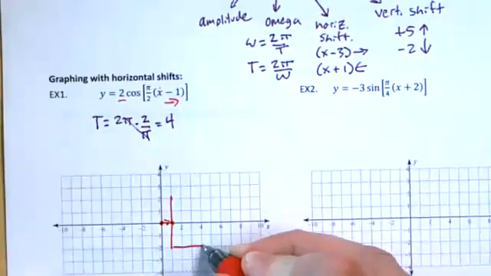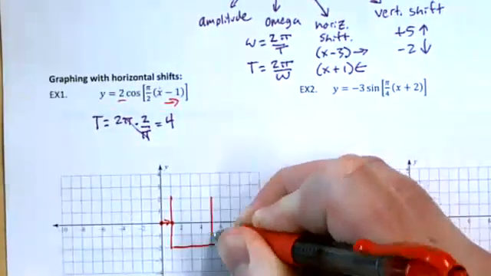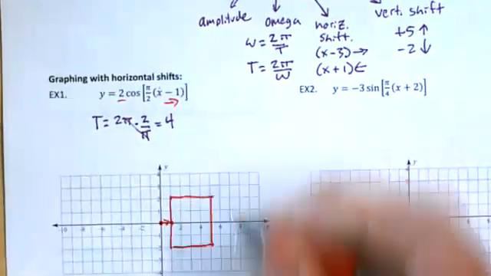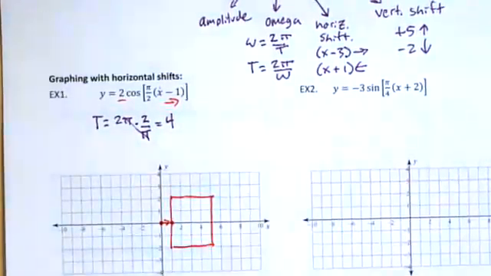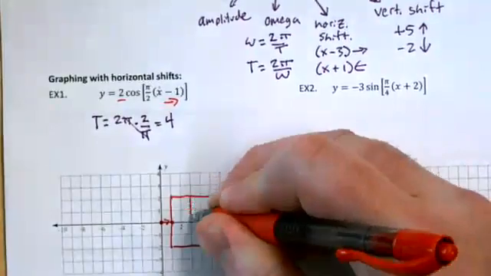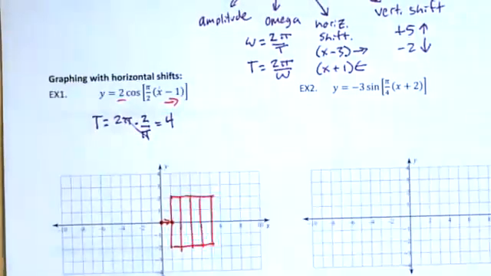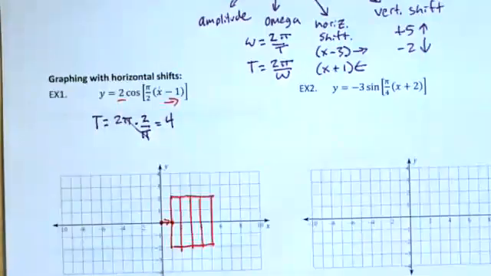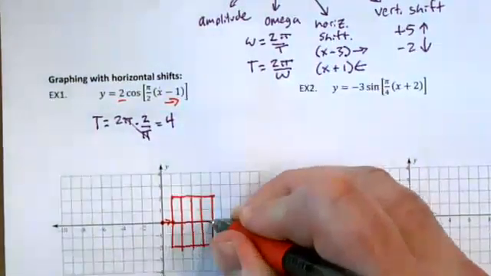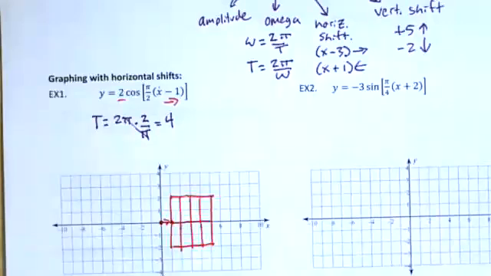So we'll make it 4 units wide. And as usual, we will be dividing our box up into 4 segments, or 8. That gives us a framework to build our positive cosine.